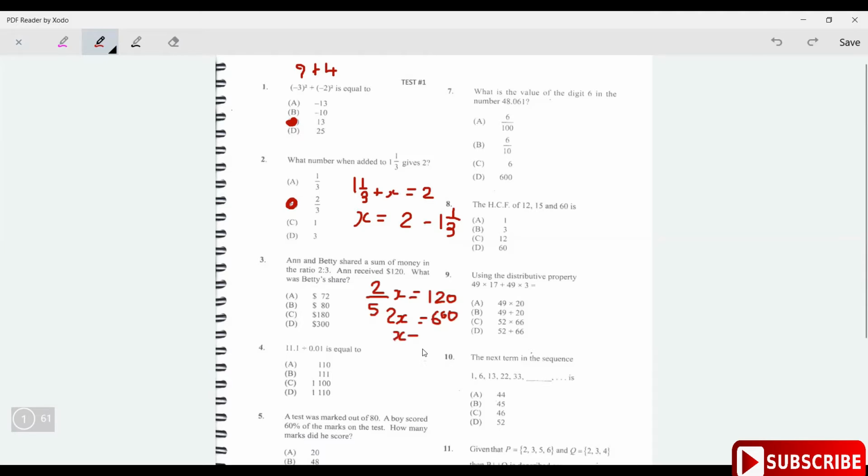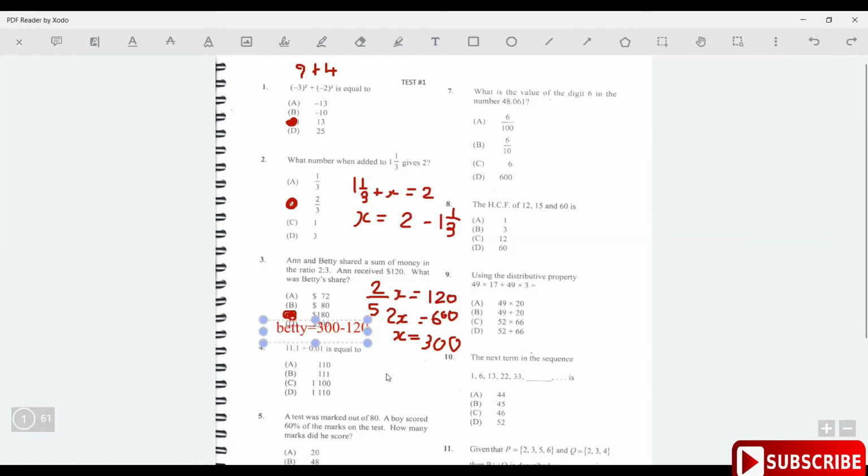If x is equal to 300, and that's the total amount of money, that means that if Anne gets 120, then Betty's share is 300 minus 120. So Betty gets 300 minus 120, and that is equal to 180. So option C, Betty's share is 180. Easy question, soft.